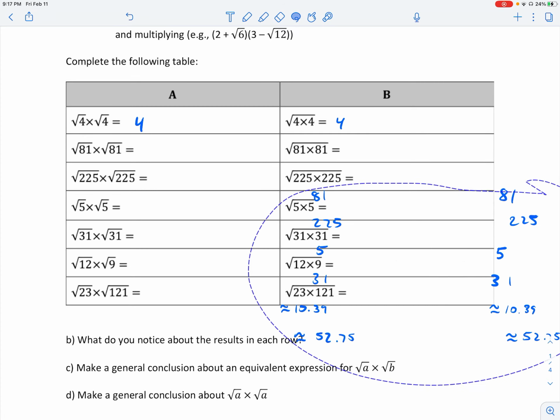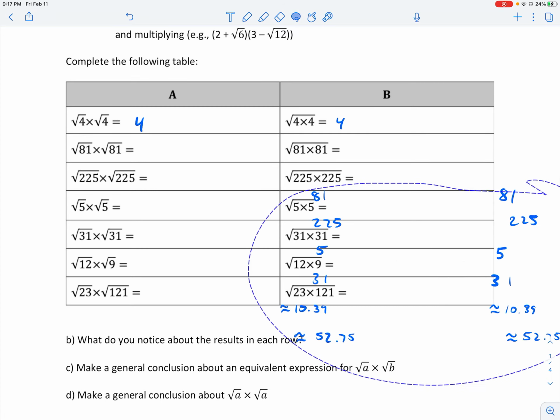The entire radical. This is a radical in the form root n, and we call this an entire radical. There are some rules for n: n needs to be greater than 0. An example of this would be the square root of 33. So this is considered a radical or an entire radical.